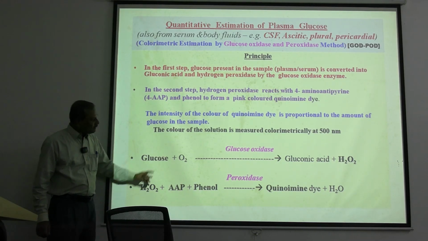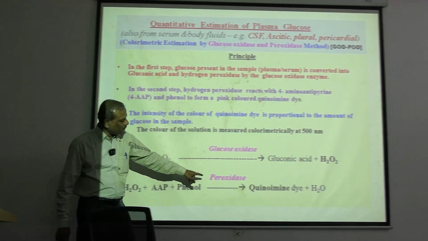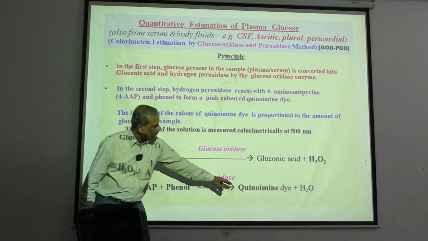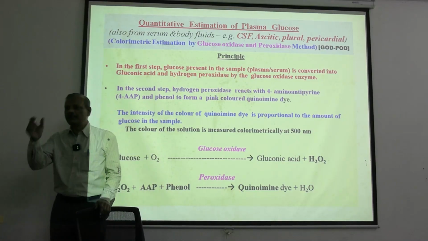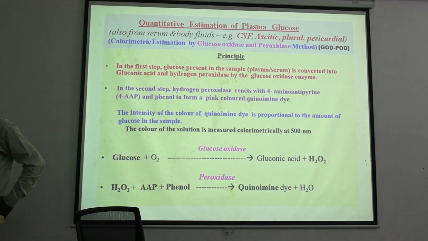The H2O2 which is formed will react with this in the presence of peroxidase, and it will form a quinoneimine dye which will be pink in color. Okay, you have understood this.